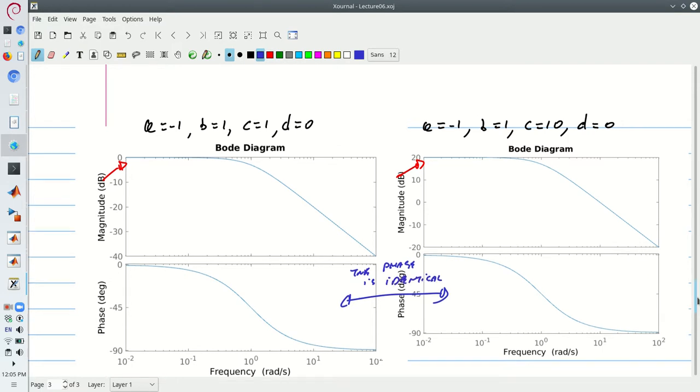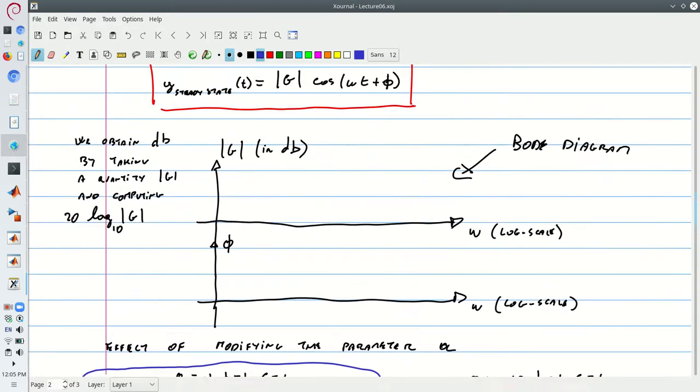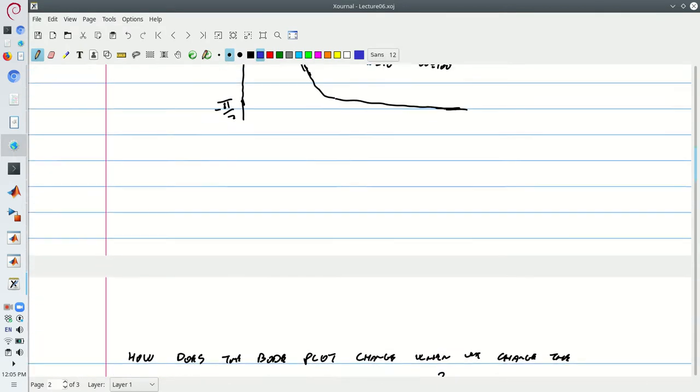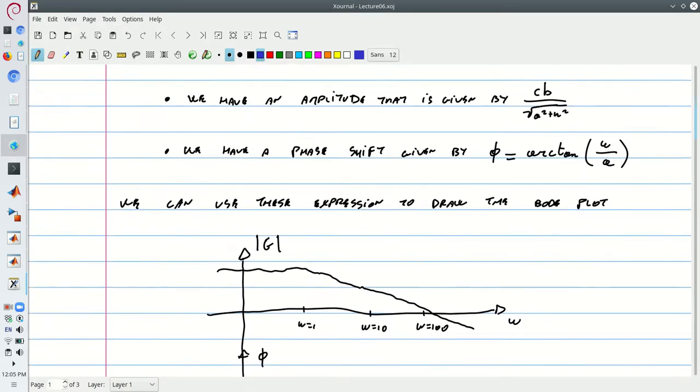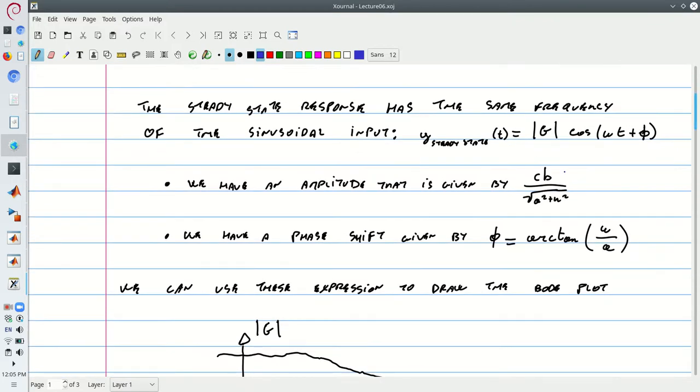You can see this clearly from the expression that we had. Sorry for moving so fast. From the expression that we had here. Your gain, that is given by CB divided by the square root of a squared plus omega squared, the denominator stays constant, the numerator goes up by 10 times.